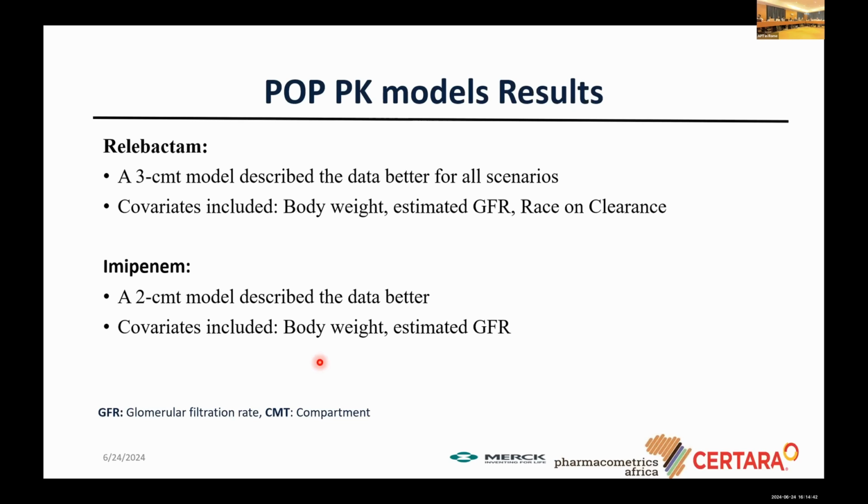Looking at the results from the PK models, for Rebectam, a 3-compartment model described the data better compared to the rest of the compartment models, and the covariates included were body weight, creatinine clearance, and race on clearance. For MEPNM, the 2-compartment model described the data better, with body weight and creatinine clearance as our covariates.